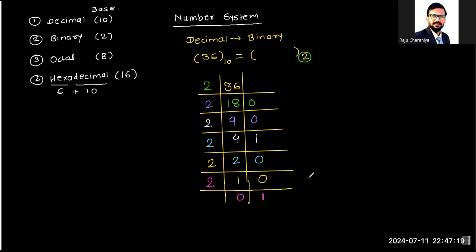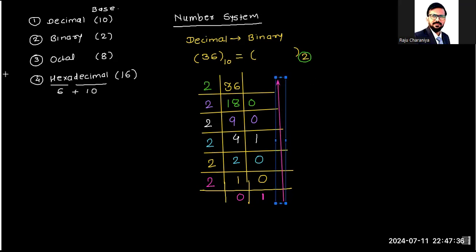Now look at the remainders we got. We start from the bottom. This is a very simple technique we should remember. We write the numbers from the lowest to the highest position like this.